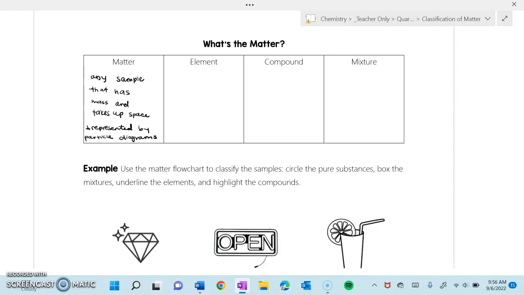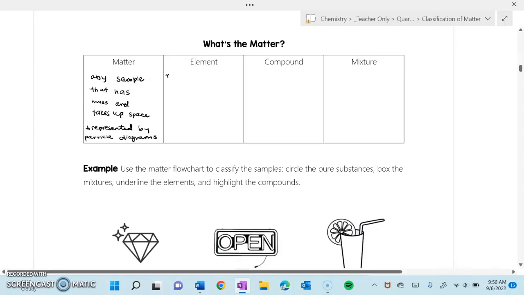An element is defined as a pure substance made of only one type of atom. And all of our elements that we know of are found on the periodic table.